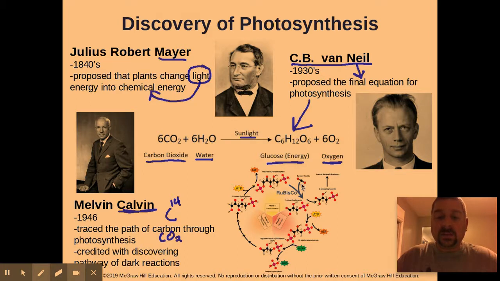So here's CO2 being added into the pathway, and then out here's a G3P coming out, which combines with another G3P you'll learn about to make a glucose, and then RuBP is recycled for this process to happen again. So he is really credited with figuring this out, and so it's named after him.